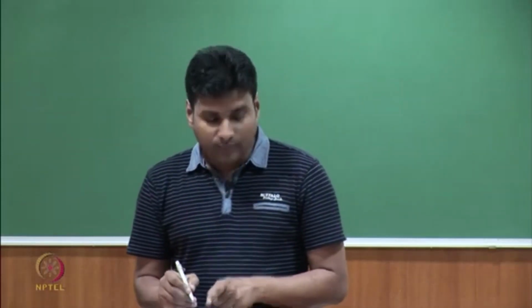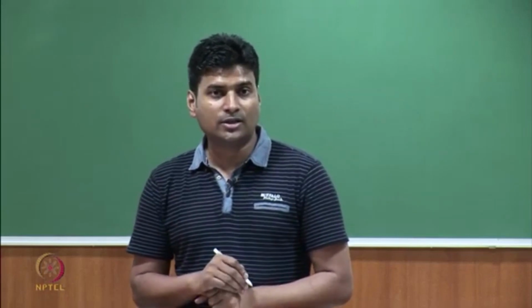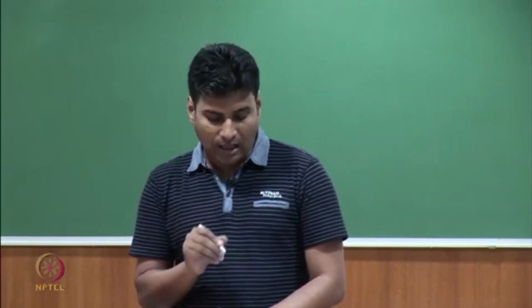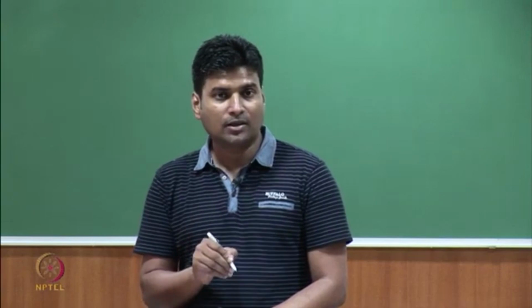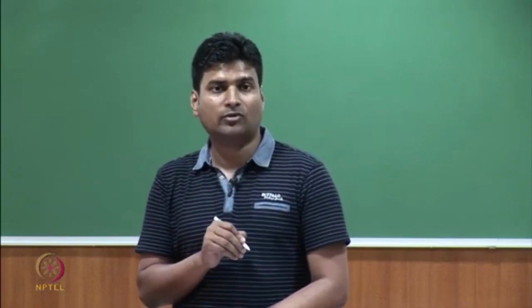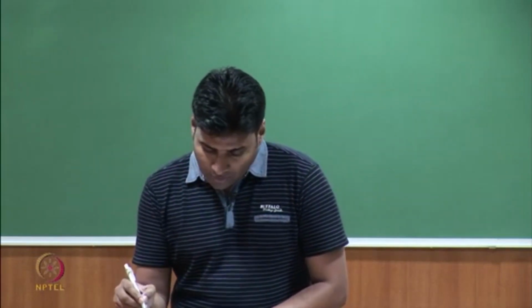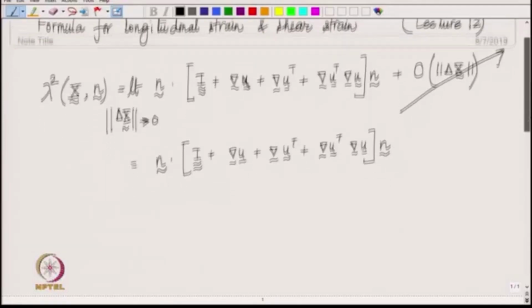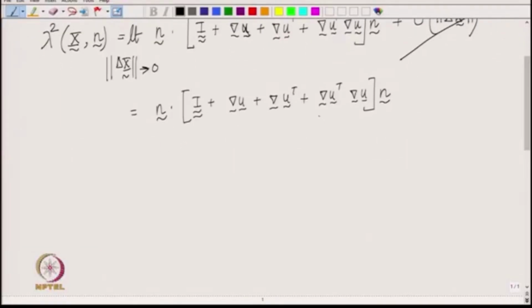Okay, so, finally, we have this formula for longitudinal stretch square at a point big X and for a line element in the direction of n. And look at the terms here. This term, for example, you see it is grad u transpose grad u. So, this is quadratic in displacement gradient.